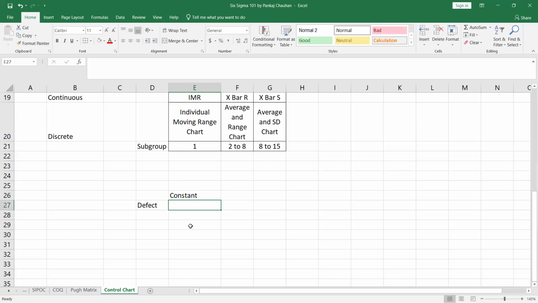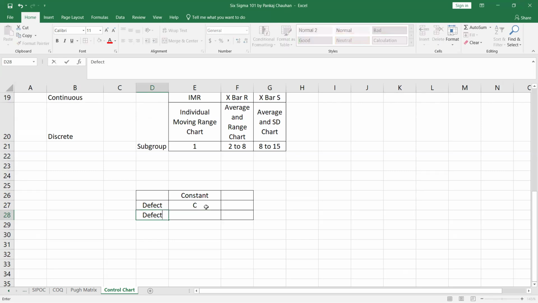Out of a constant sample size, you are looking for the defects, then we will be plotting the C chart. C chart stands for count of defects. Or in case you are looking for the defectives out of a constant sample size, which means count of defectives, then we plot the NP chart.